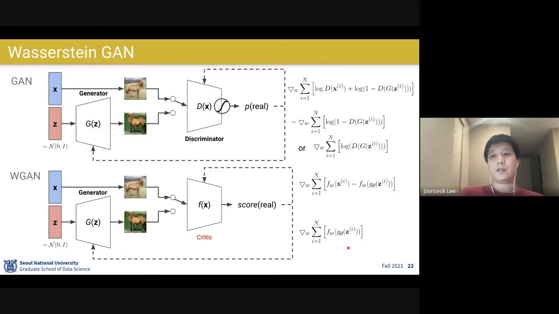It's the same here. The generator wants to produce real-like images to fool the discriminator, or get a larger score from it. They changed the name to critic because it's not discrimination based on 0 to 1. So they just changed the name to critic, but it's basically the same thing.